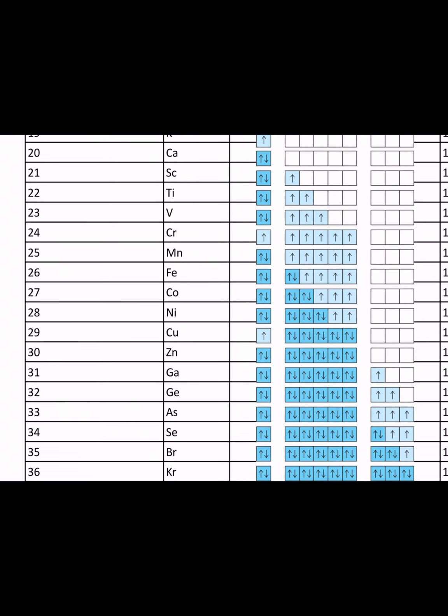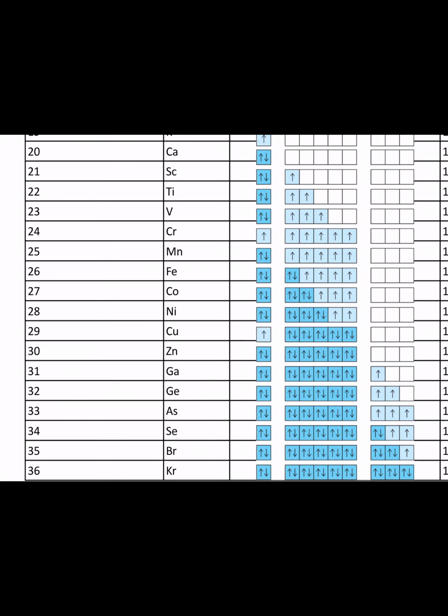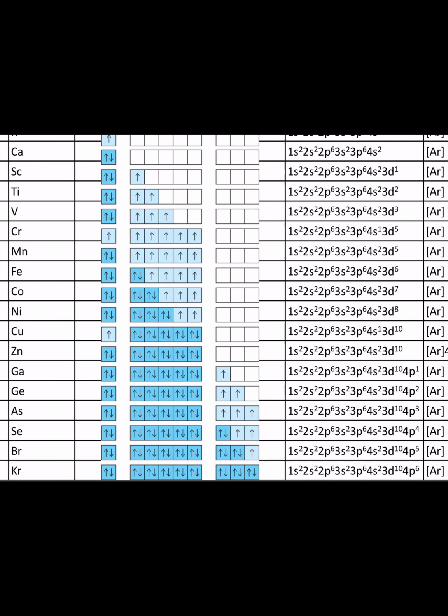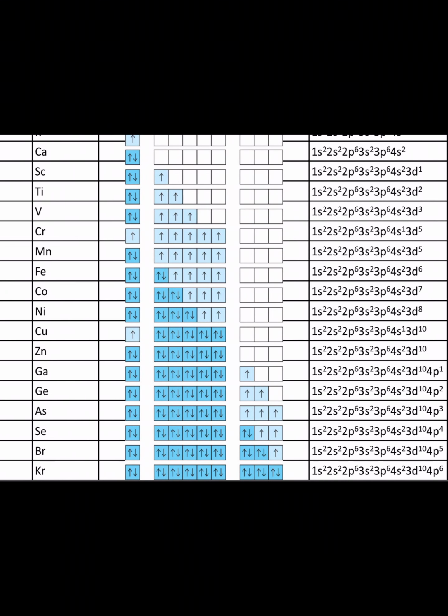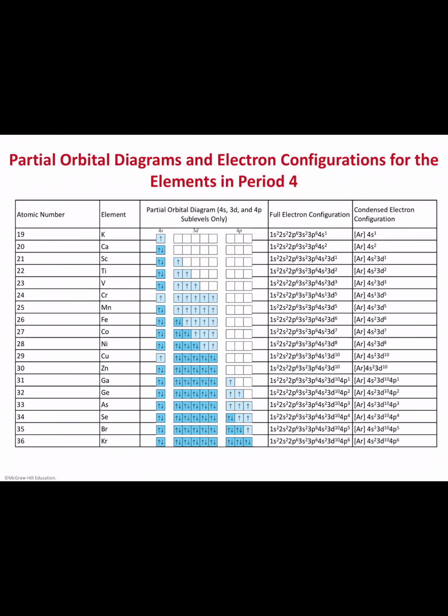Copper, the atomic number is 29. So copper, if you write the electron configuration, it should be 4s2, 3d9. It would be 4s2, 3d9. So let's go ahead and write the electron configuration for copper. Let's do it together.